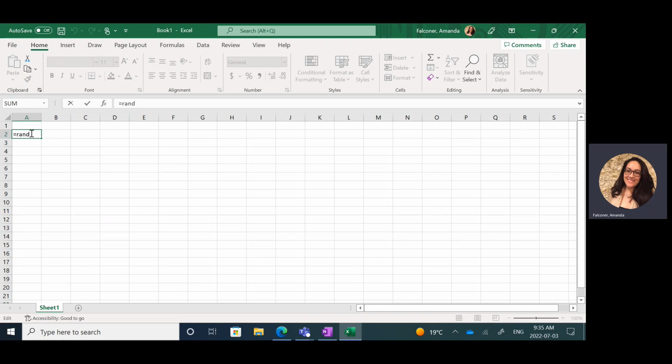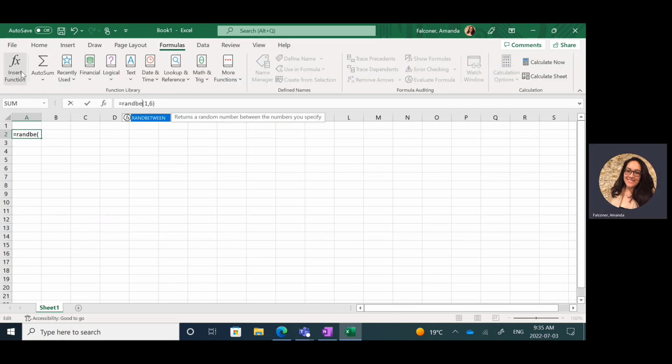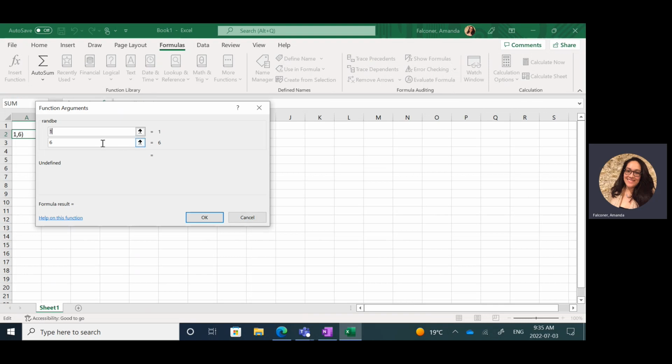I want random between, and I want them to be between 1 and 6. How come that's not working? Formulas, insert function.